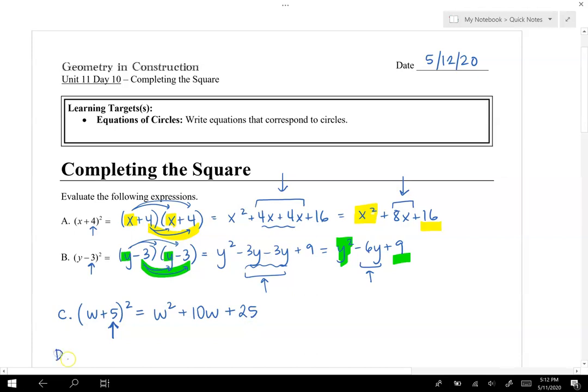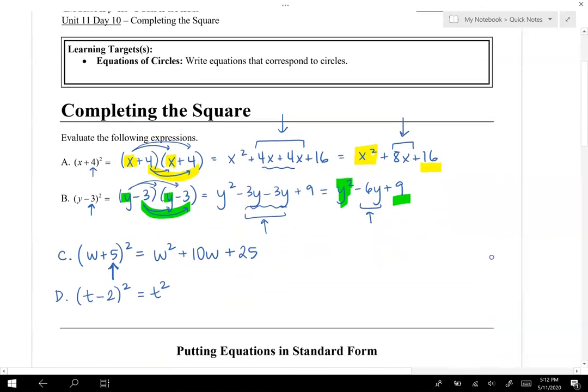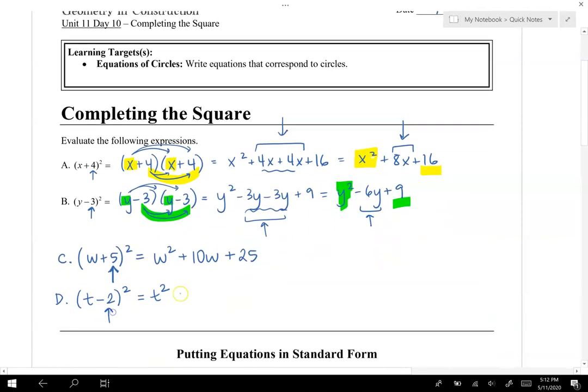We'll do that again. T minus 2 squared. This one will not look as obvious, but we start out with t squared. Then we double this number, so it's minus 4t. And then we square this number, so it's plus 4.